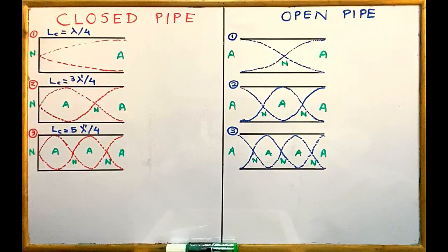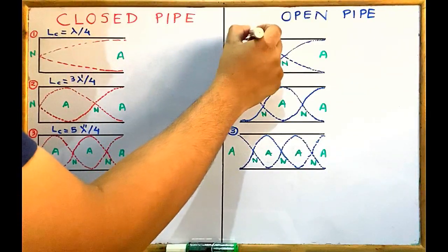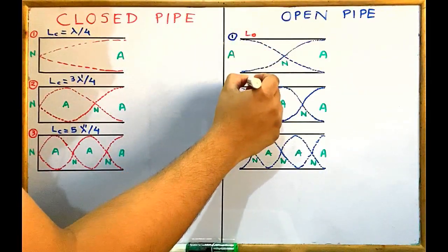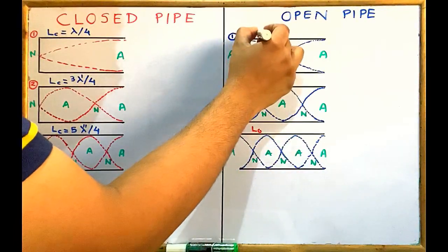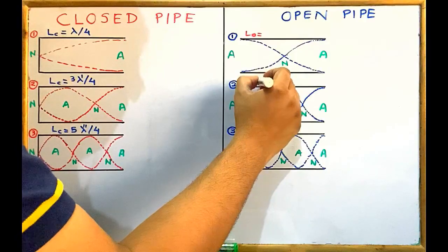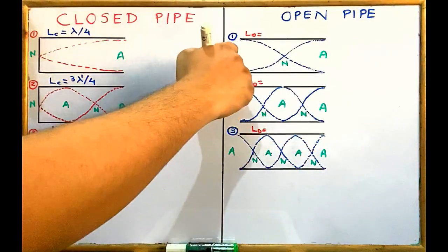Okay, and if I want to do the same kind of comparison here in the case of an open pipe, because it's an open pipe, let's call it as LO, right? So how much is it equal to in the three diagrams?